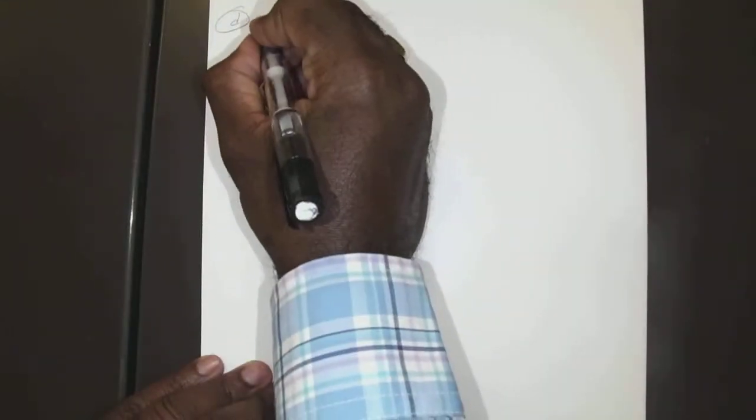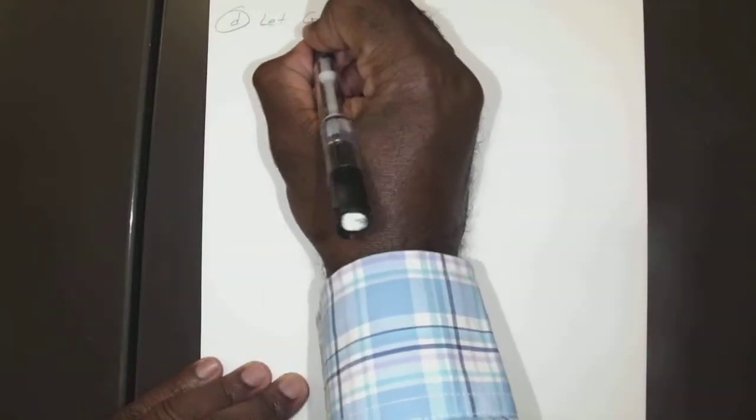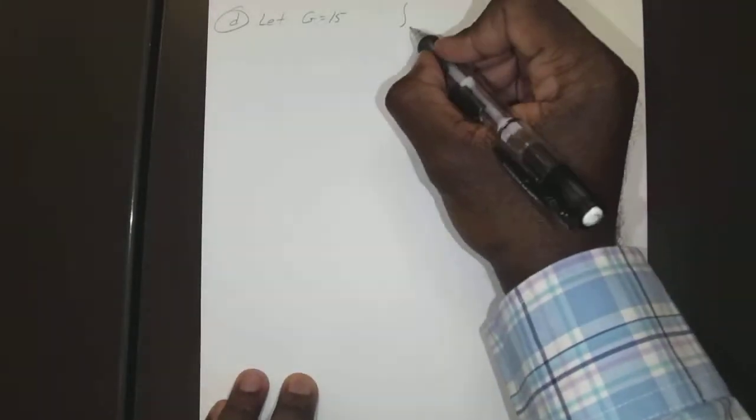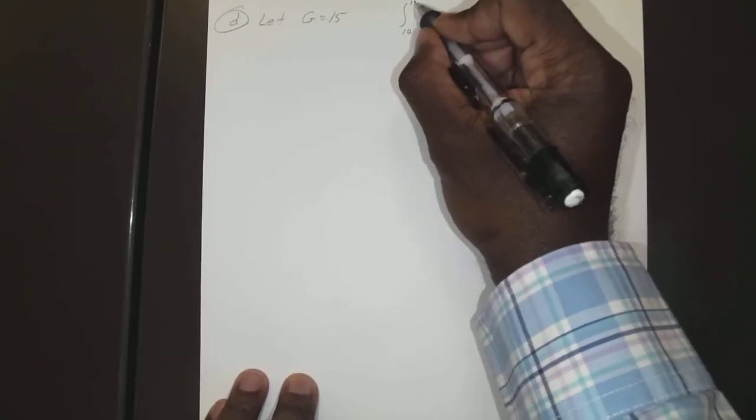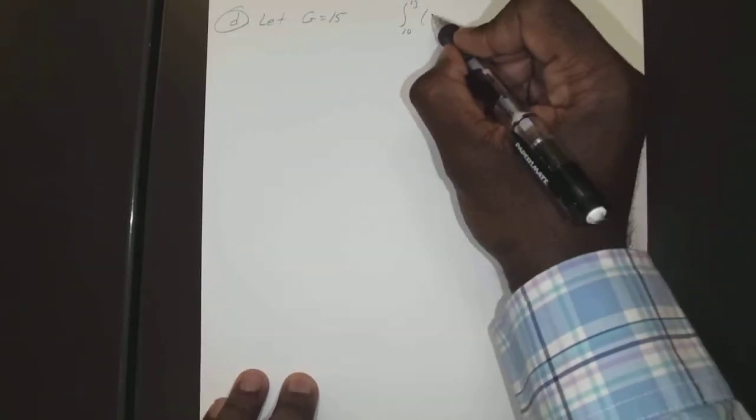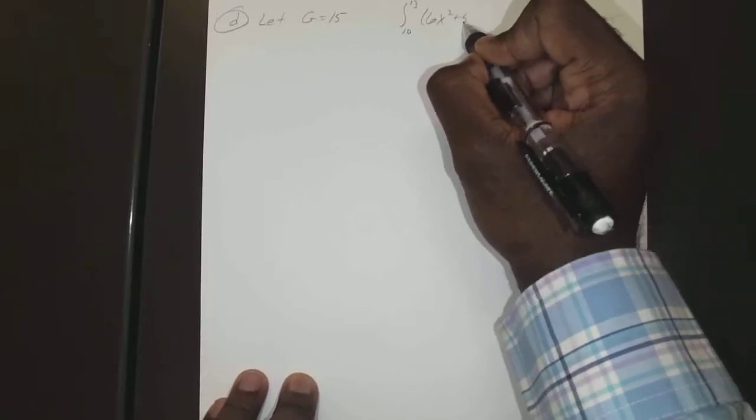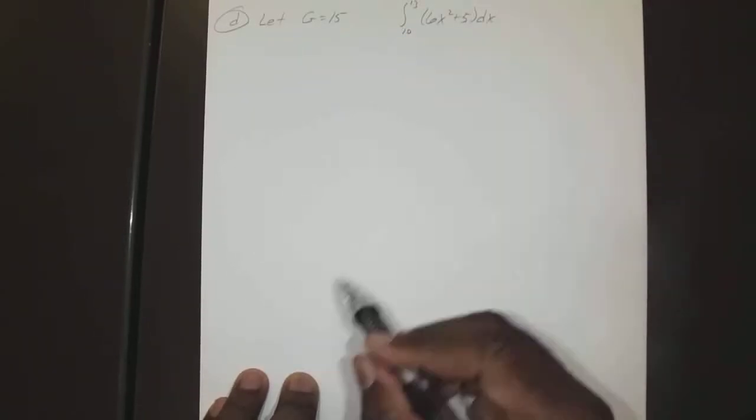And for D, we'll actually solve D the same way we solved C. Remember, we want to prove that G is greater than or equal to 15. So we'll let G equal 15. And remember, we're starting with the integral from 10 to 13 of 6x squared plus 5 with respect to x.